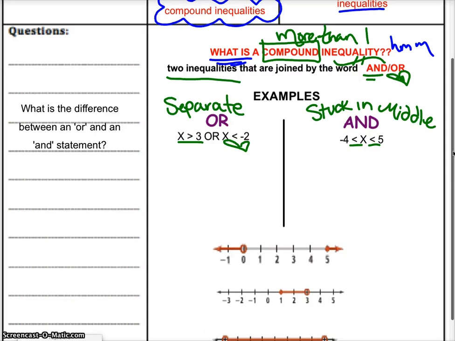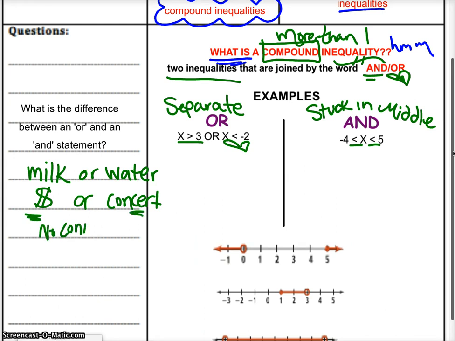It's like if your family gave you a choice to do something. Like you can have milk or water. You can have milk or water, but not both. Or you can have money for your birthday, or you can have concert tickets. Which one are you going to choose? You can't have them both. So you either choose this or this. There is no connection with an or statement.